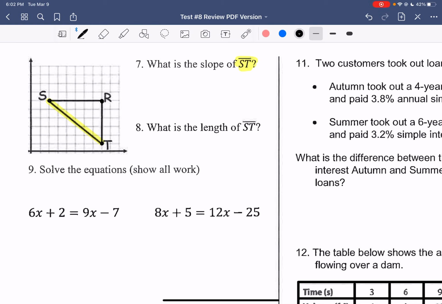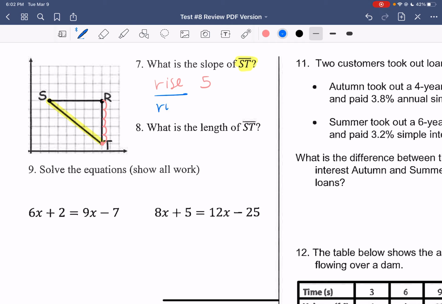Since this graph isn't super great, what I'm going to do is use this slope triangle so I can see from this point down here, my rise is going to be 1, 2, 3, 4, 5. So that's my rise.